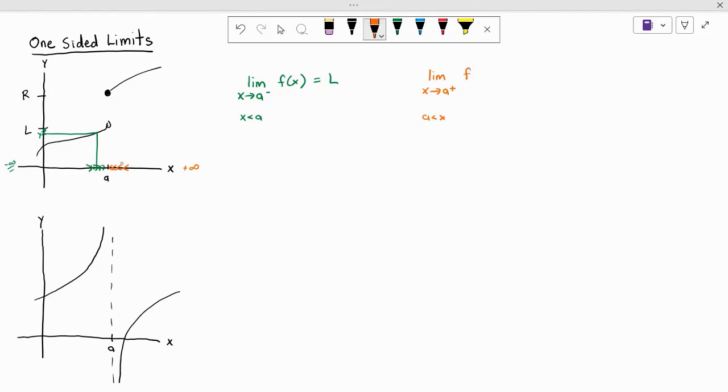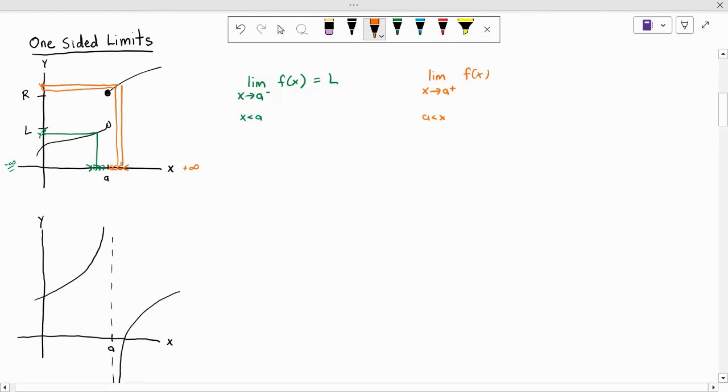And you see in this picture that as the x's approach a from the right, the values of the function approach some number R. The limit from the left does not necessarily have to equal the limit from the right. So the function can behave differently depending on which side of a we're on.